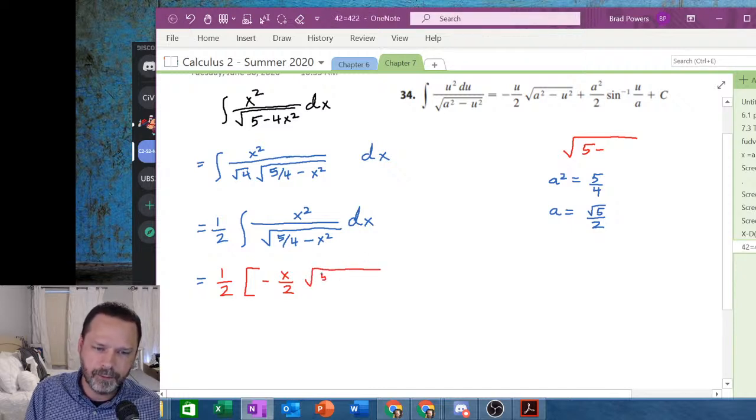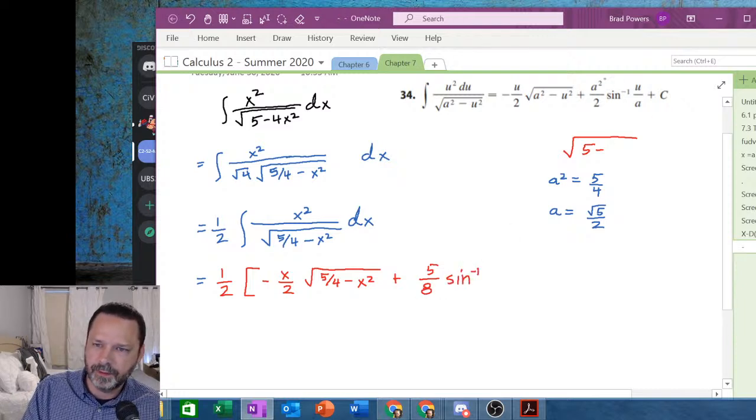Well, we know that's 5/4 minus x squared, plus a squared over 2. So 5/4 over 2, let's just say that's 5/8, plus 5/8 inverse sine. Again, I'm looking at this formula up here. Inverse sine of u over a.